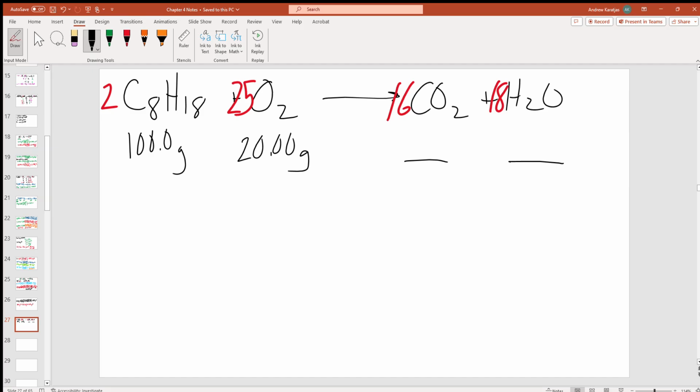So we're going to figure out our limiting reactant. So I'm going to start with 100 grams of octane and 20 grams of oxygen. And we'll just start out by figuring out how much carbon dioxide each one of these will form.